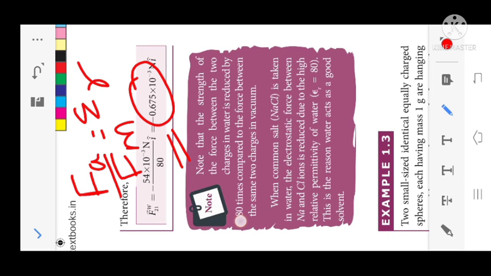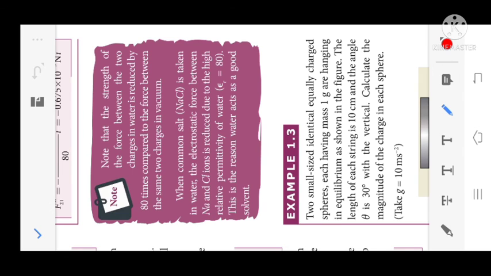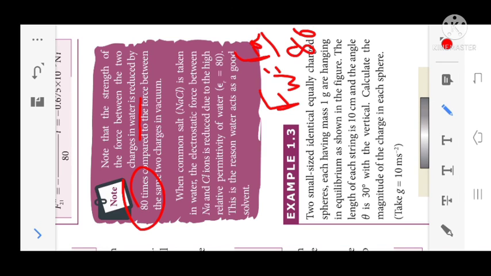Okay students, let's look at the note also. Note that the strength of force between two charges in water is reduced by 80 times, because F of water is equal to F of air by 80. So it's reduced by 80.